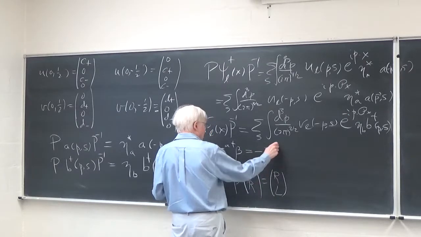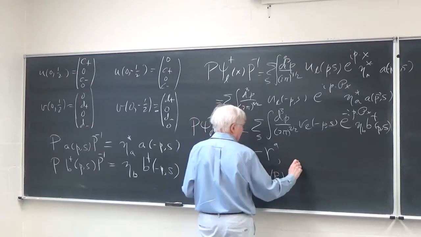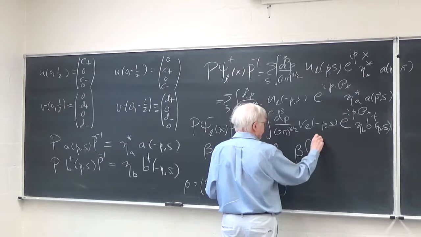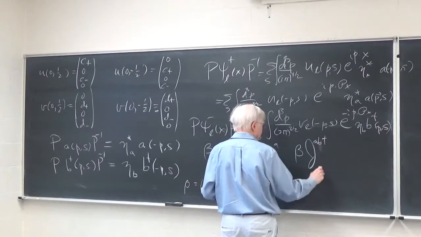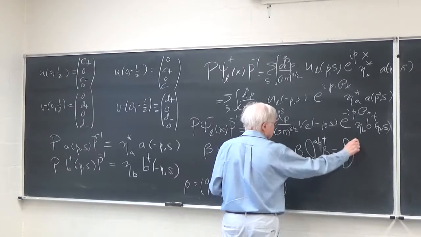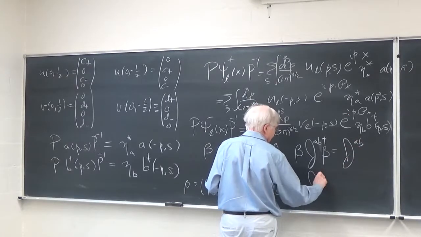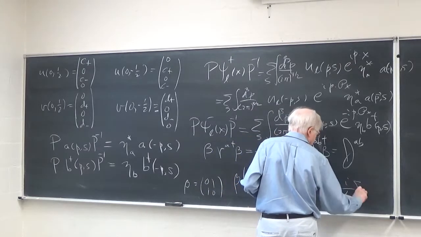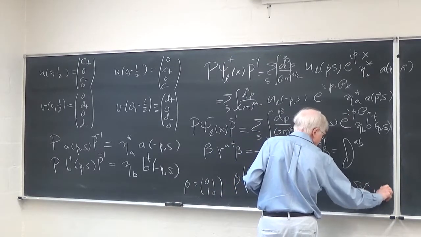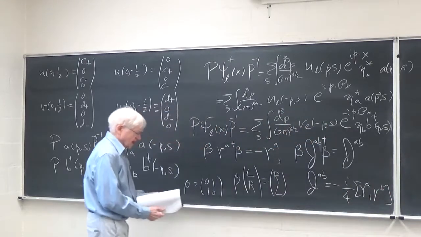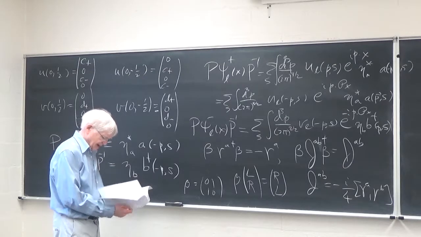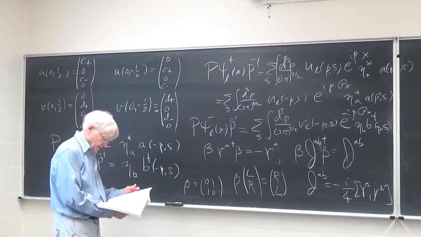minus gamma A. And we also saw that beta on JAB dagger beta was JAB. Remember that JAB, if I remember correctly, is minus I over 4 commutator gamma A with gamma B. Let me just flip back and check that.